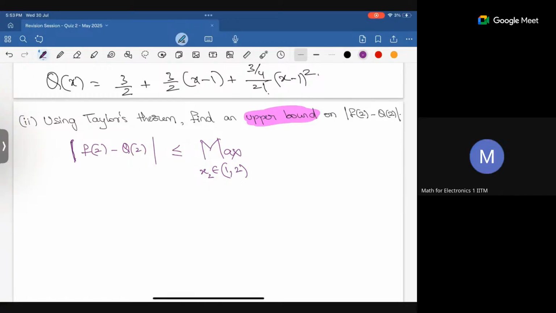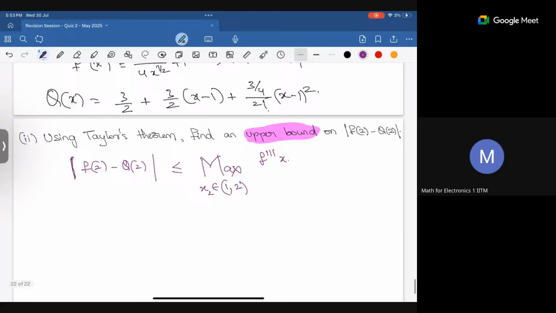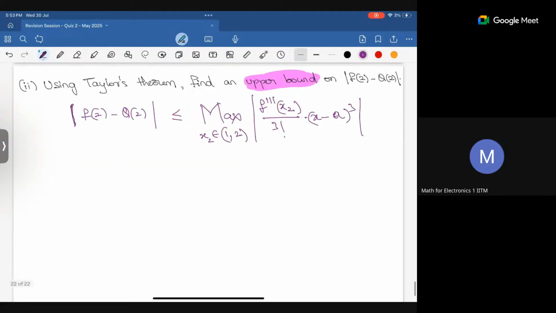Here x is 2. And f triple prime of x2 divided by 3 factorial into x minus a whole cube. Here x is 2, a is 1. If you substitute it, we get the maximum value of f triple prime of x2. We have to compute that, but this is divided by 6 into 2 minus 1 whole cube.